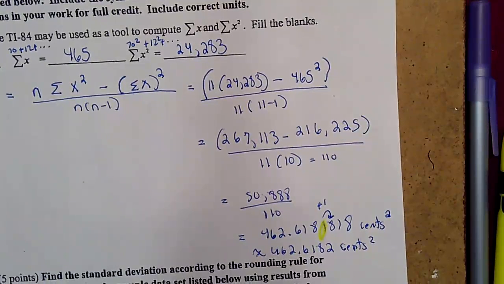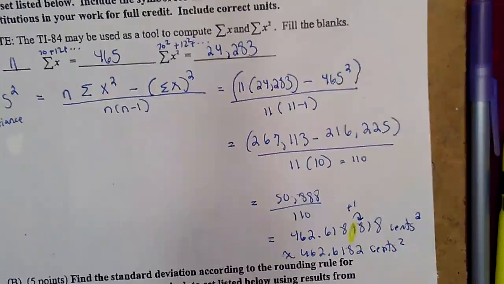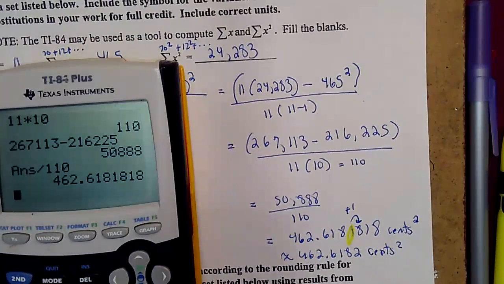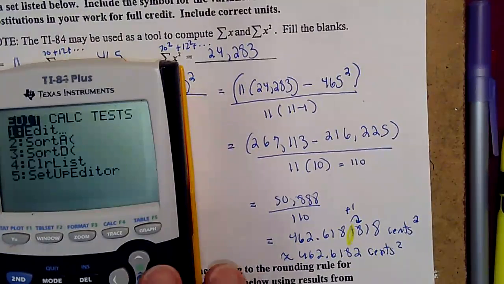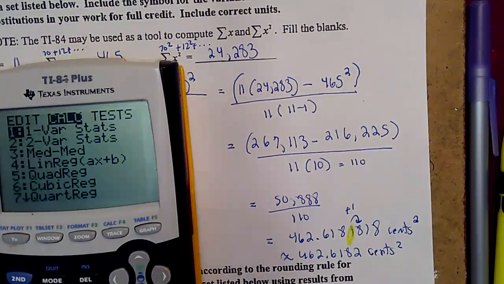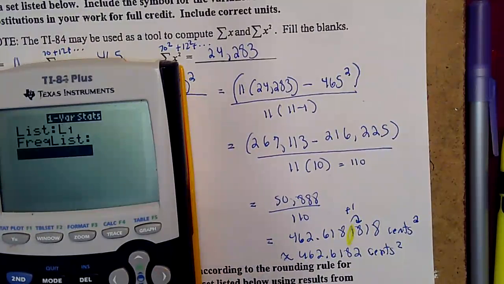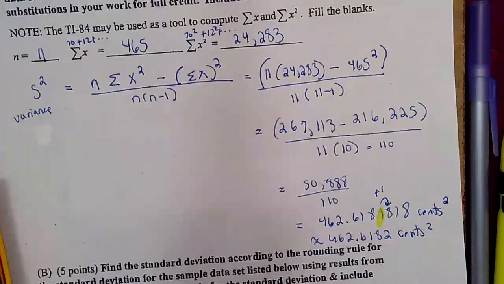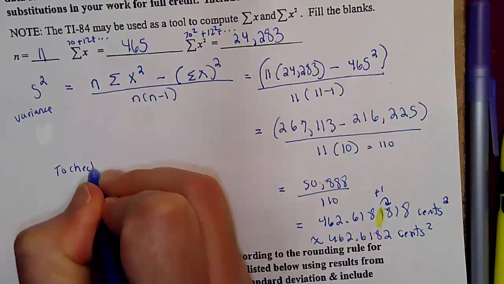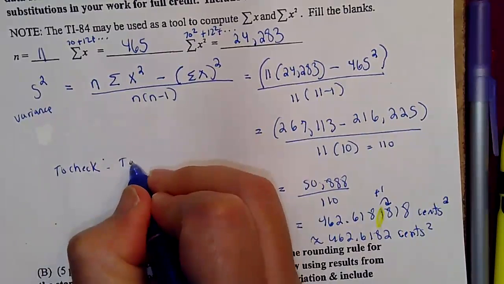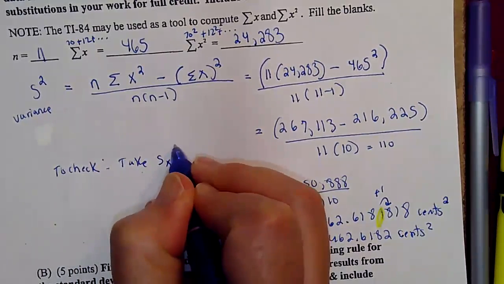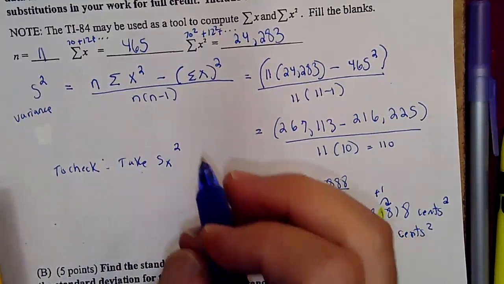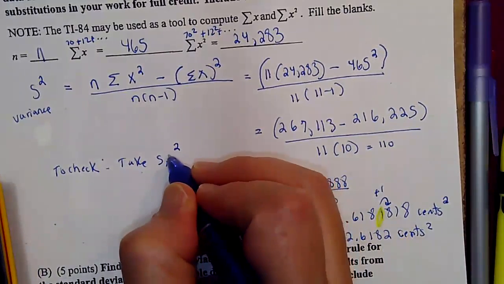Now, if we were going to check this on the calculator, you would go back to stat, calculate one variable stats, and go back to calculate these numbers. And see this S of X? If you wanted to do a quick check, you take the S of X and then you square it.